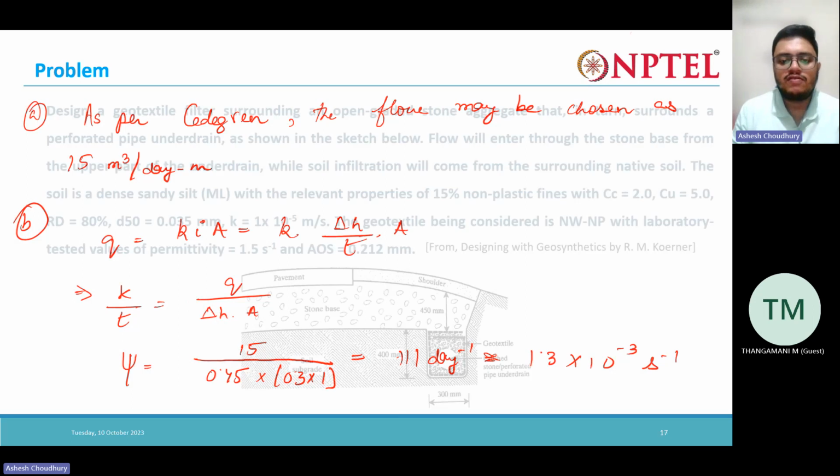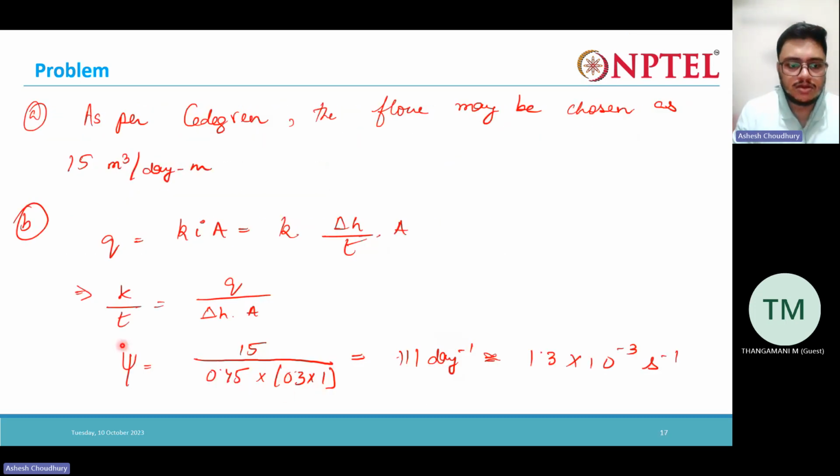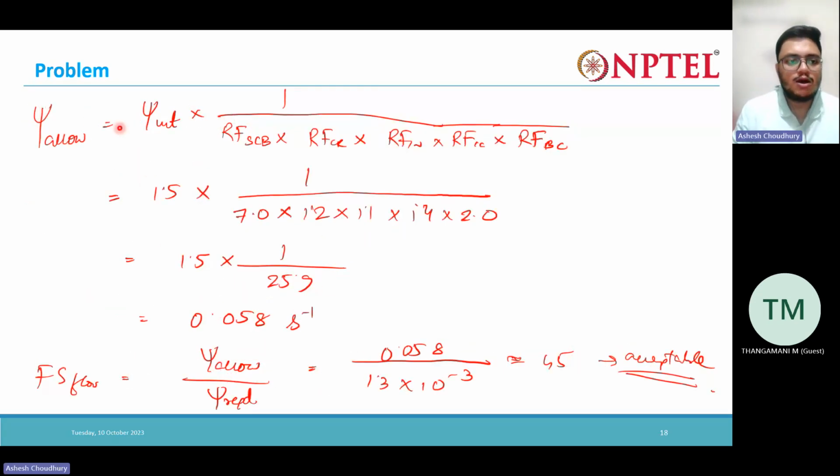The head is 0.45, and this is entering through this 300 mm length, so the area is 0.3 into 1, where 0.3 is this side and 1 is out of plane. So here we get the required permittivity. Then we find the allowable permittivity, and again similarly we find the factor of safety. We see that the factor of safety in flow is 45, which is acceptable.